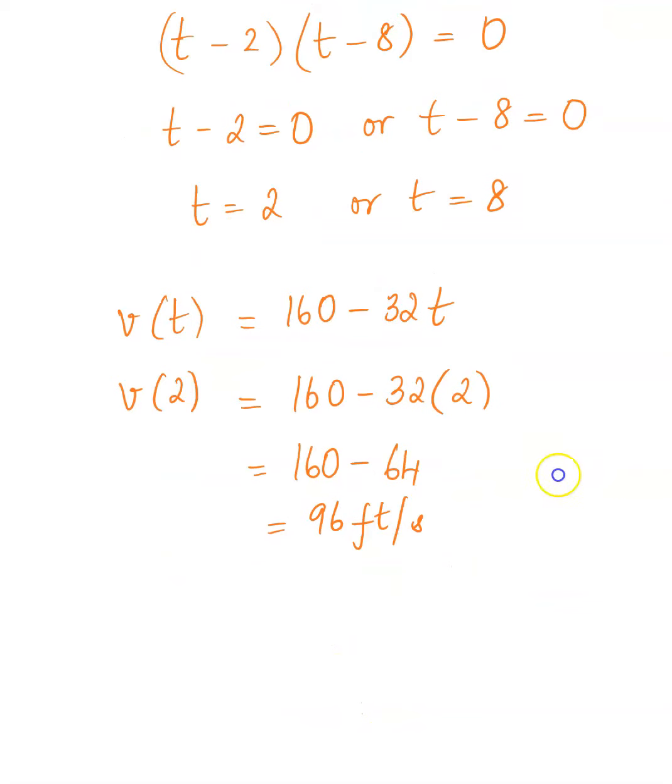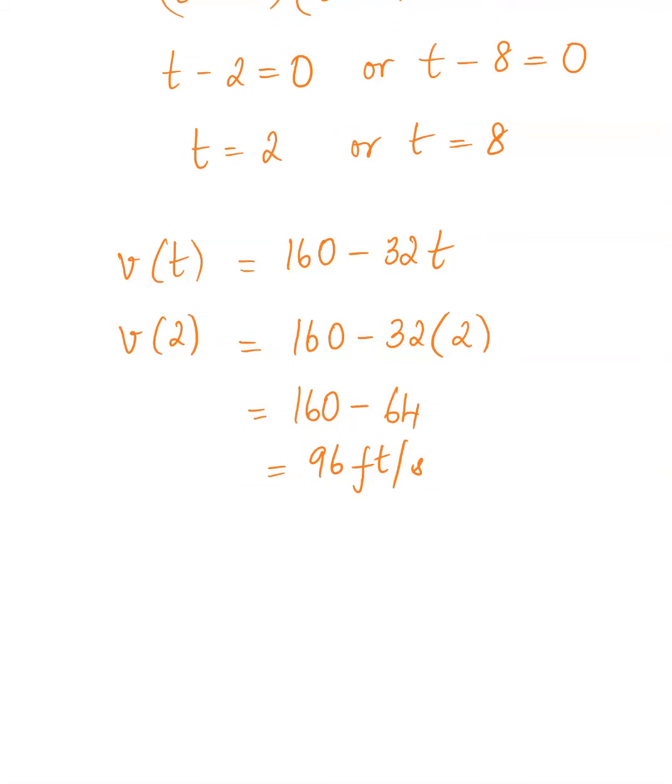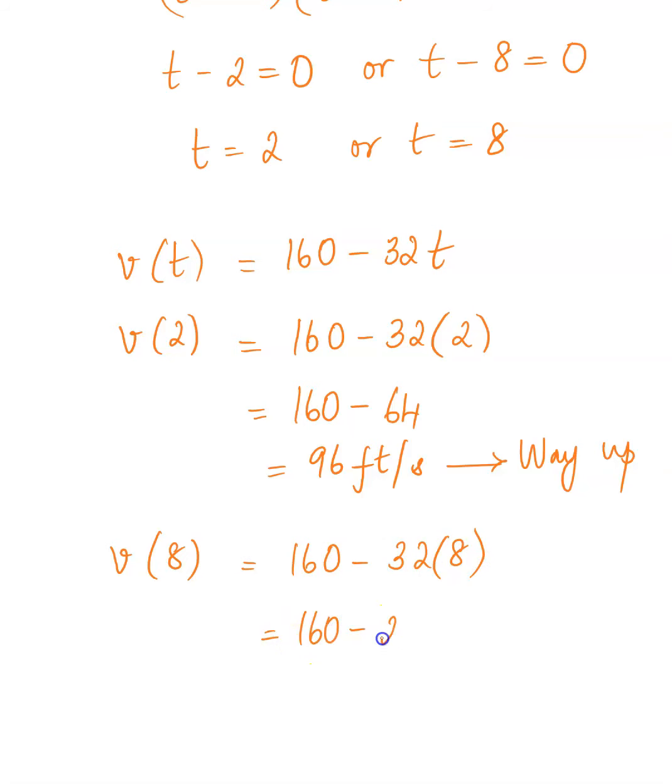Remember, it's velocity, so it's how fast the position, the height, changed with respect to time. So it is feet per second, and this was for the way up. And then when it's returning after 8 seconds, plug that in as well. 160 minus 256 is negative 96 feet per second.